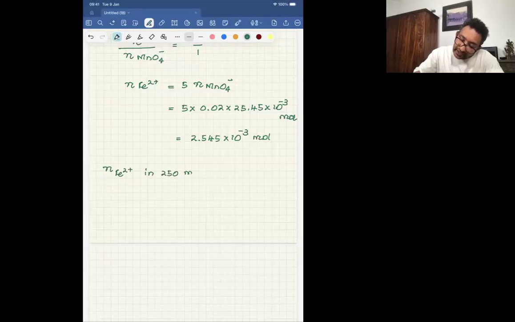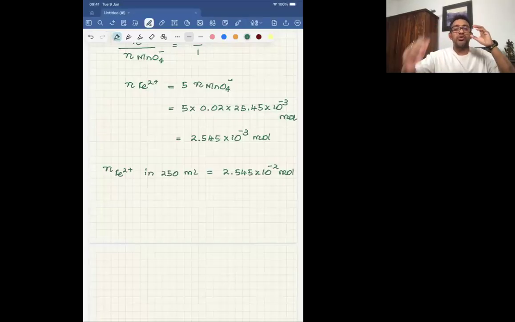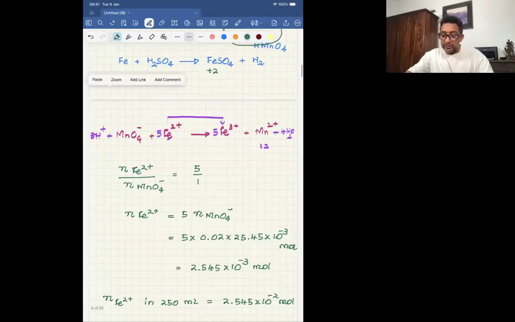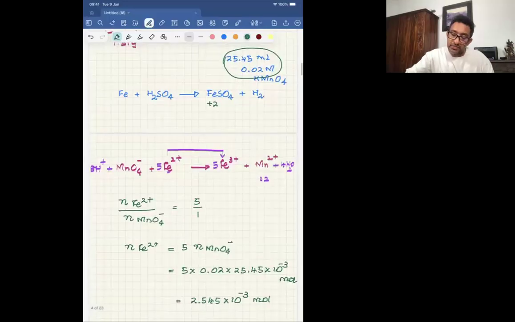How much is that? 10 times the value: 2.545 times 10 to the power minus 2 moles. So this is the number of moles of Fe+2. Let it sink in your mind.